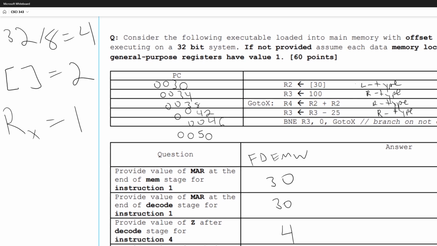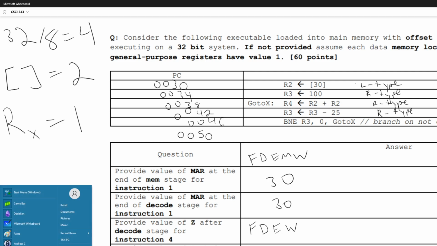Right? Oh no. This was the decode stage, isn't it? Instruction 4, 1, 2, 3, 4. So this is an R type. So there's fetch, decode, exec, and write back, I think, right? Is that true?